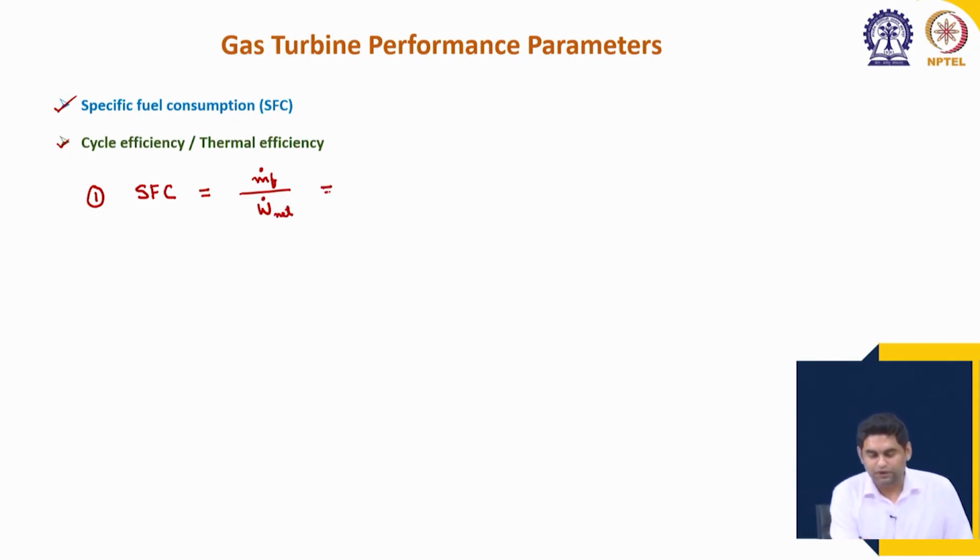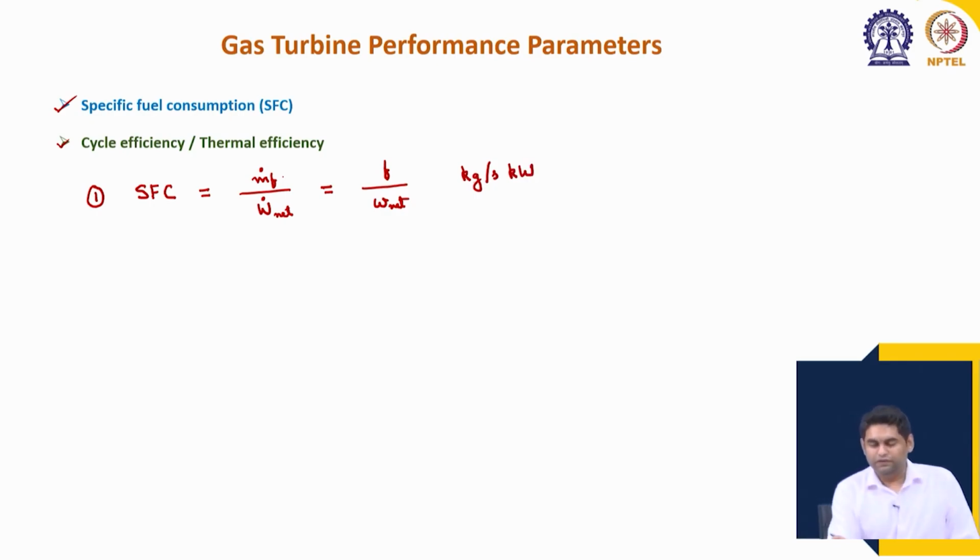This can also be written as F by W net, so fuel air ratio by W net, by dividing both the top and the bottom parts with m dot A, we get this value. So, units for this, if I directly write in terms of SI units, m dot F is kg per second per kilowatt of power.